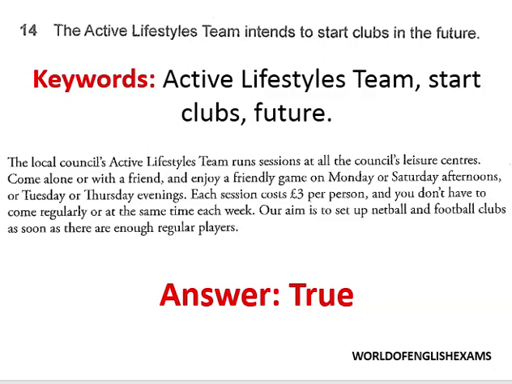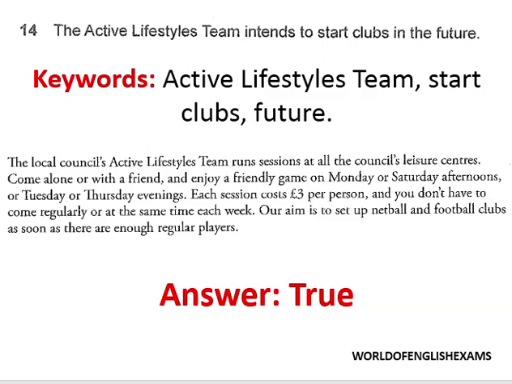So we are just reading this. The last line of it says, our aim. So what is the meaning of aim? Objective, motive, goal. So our aim is to set up netball and football teams as soon as, which is nothing but not presently but in the future, as soon as there are enough regular players.